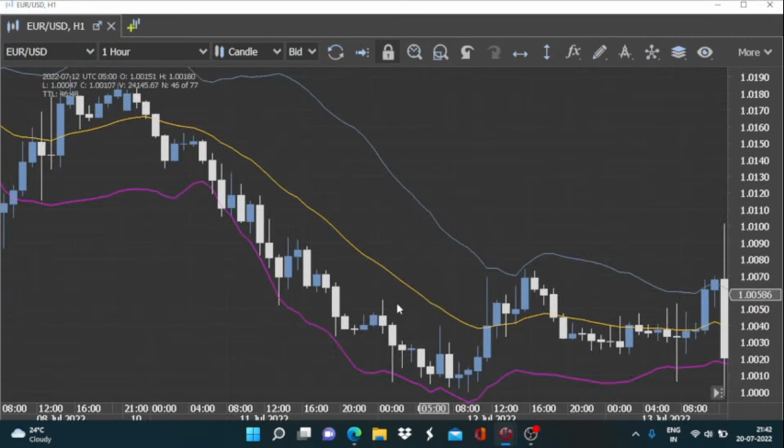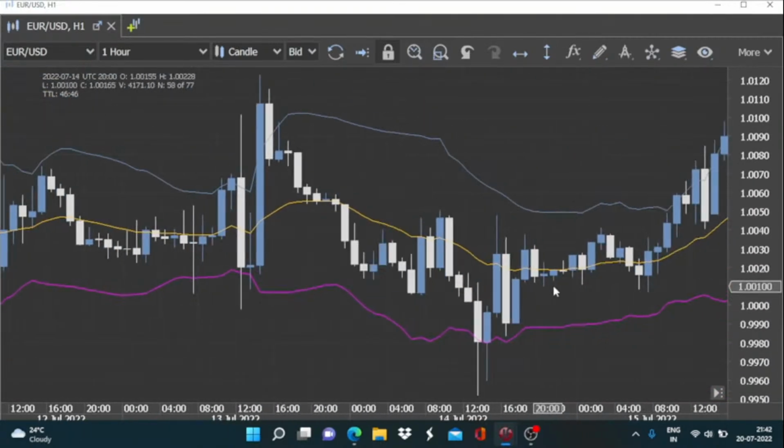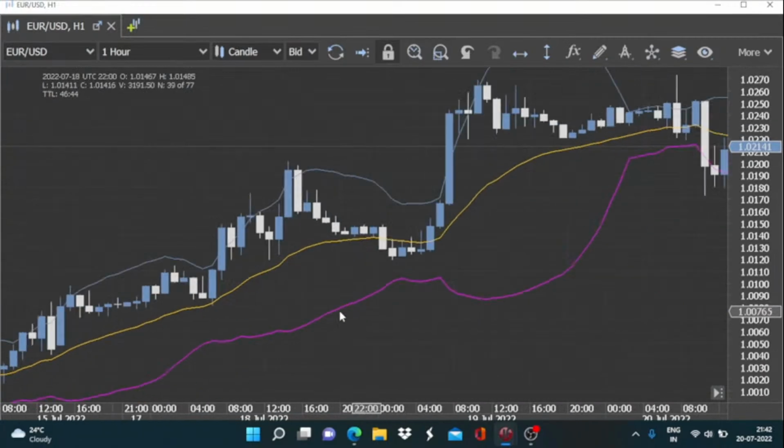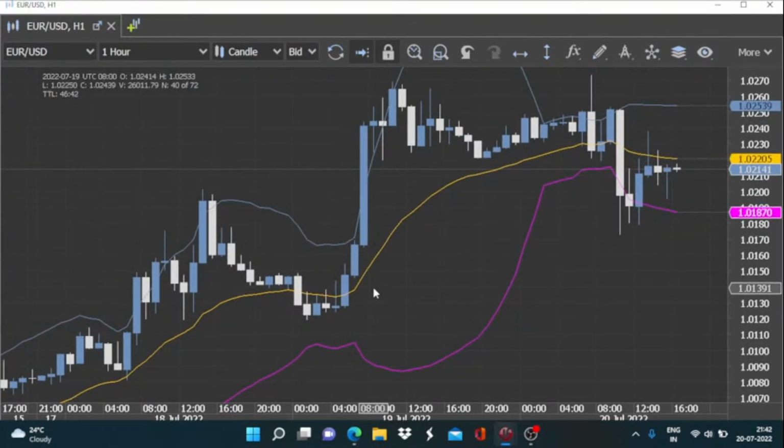And one more way to make use of these Bollinger Bands is to look for deviation. If there has been significant deviation and now the price action is again consolidating and trying to reverse inside these Bollinger Bands, then that is also an opportunity to go short or go long. And these are going to be contra trend trades.